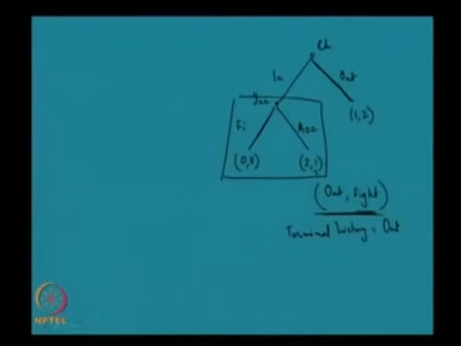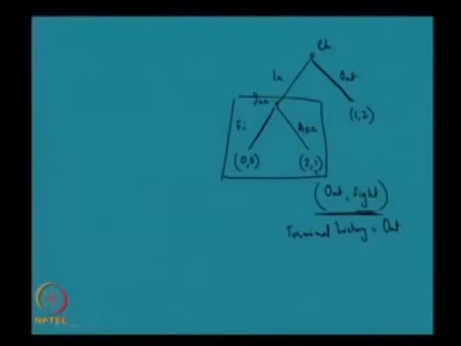Now I can apply this idea, as I told you, in case of different games and try to see whether the Nash equilibria that we are talking about are subgame perfect or not. So in this entry game, there were two Nash equilibria.